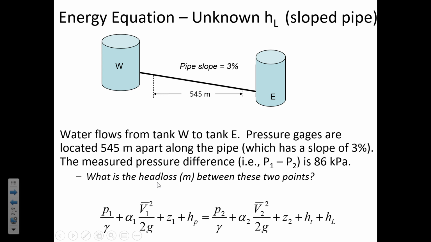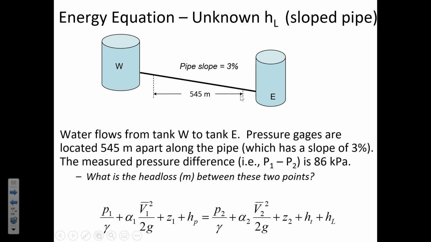All right, so for our last example today, let's consider another two-tank situation, and we have a sloped pipe. And what we know is it's a 3% slope, and we're measuring the pressure difference at two locations, but this time the pipe isn't horizontal. And so we can't say Z1 equals Z2.